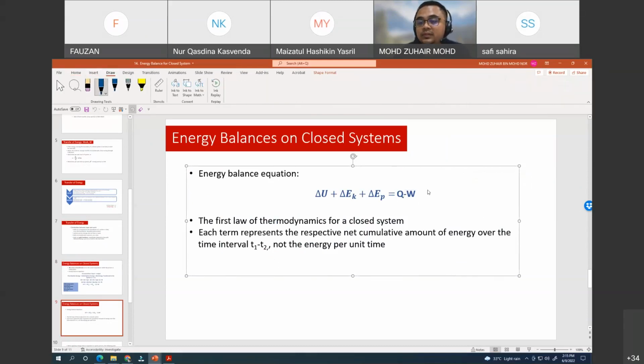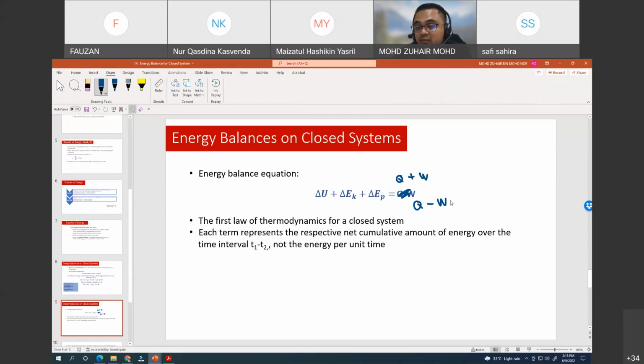Don't get confused. Sometimes if you refer to some thermodynamics textbook, Q plus W. If you refer to some thermodynamic textbook, they will put Q minus W. But I think it's a bit confusing.